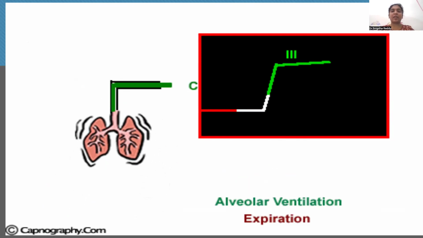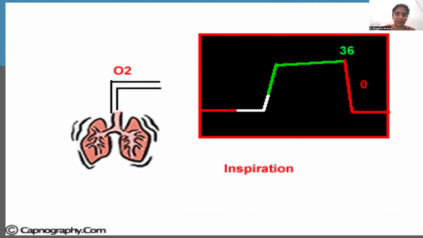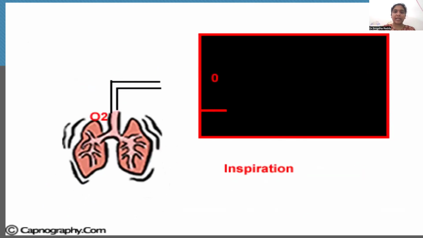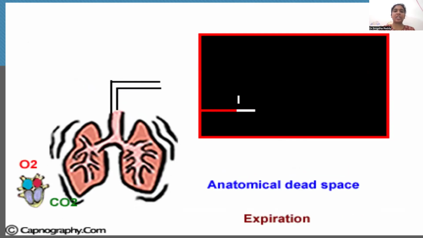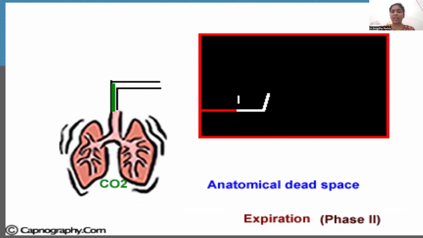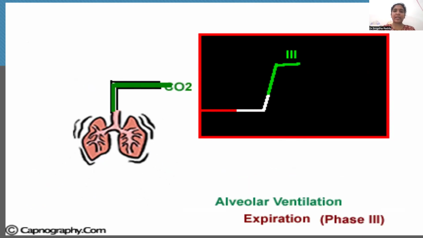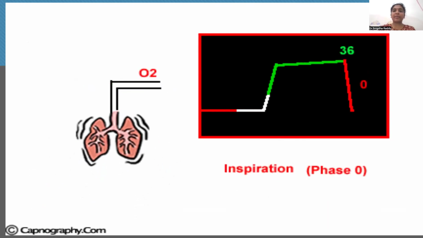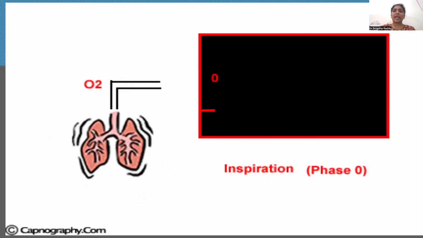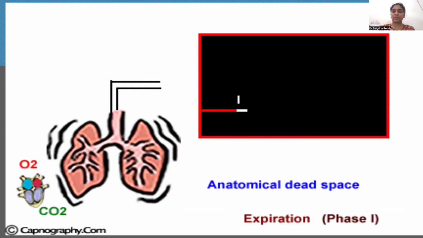Actually, this baseline is because dead space doesn't contain any gas exchange. That is the reason it is 0. During the upstroke, it's a mixture of alveolar gas and dead space gas. That is the reason there is an upstroke. And the plateau depicts only alveolar gas mixture. And the deceleration curve, the downstroke, it depicts inspiration.